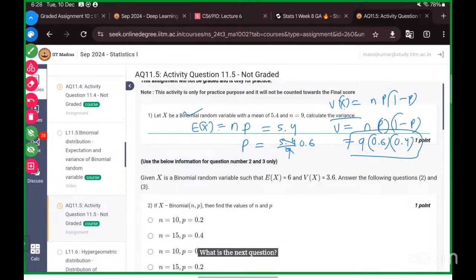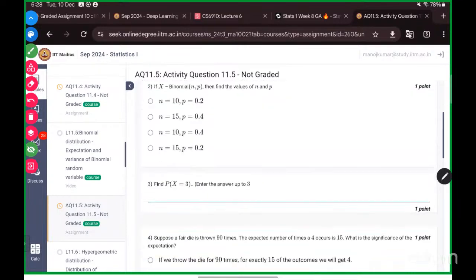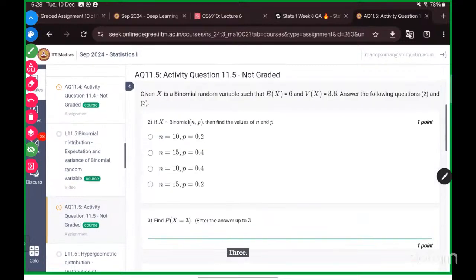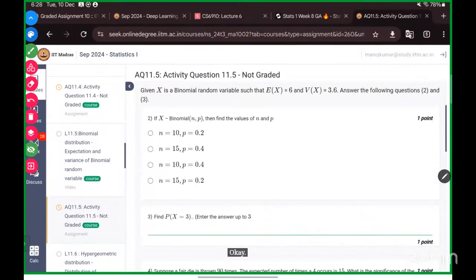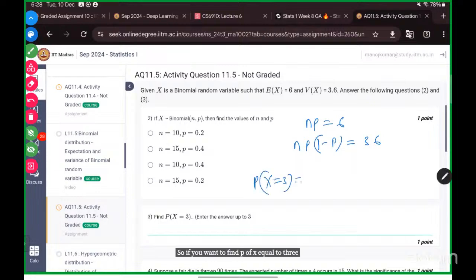Question 3. So if you want to find P of X equal to 3, what are they asking?